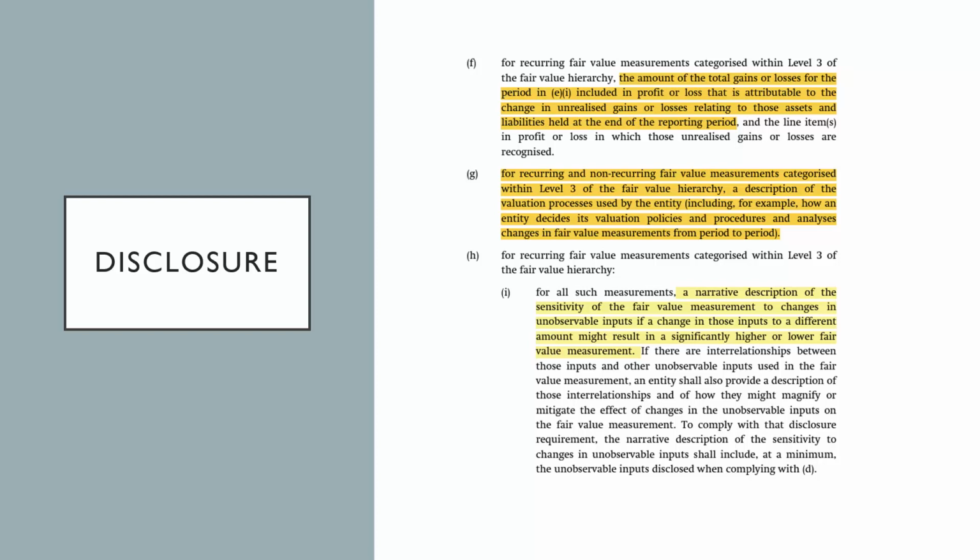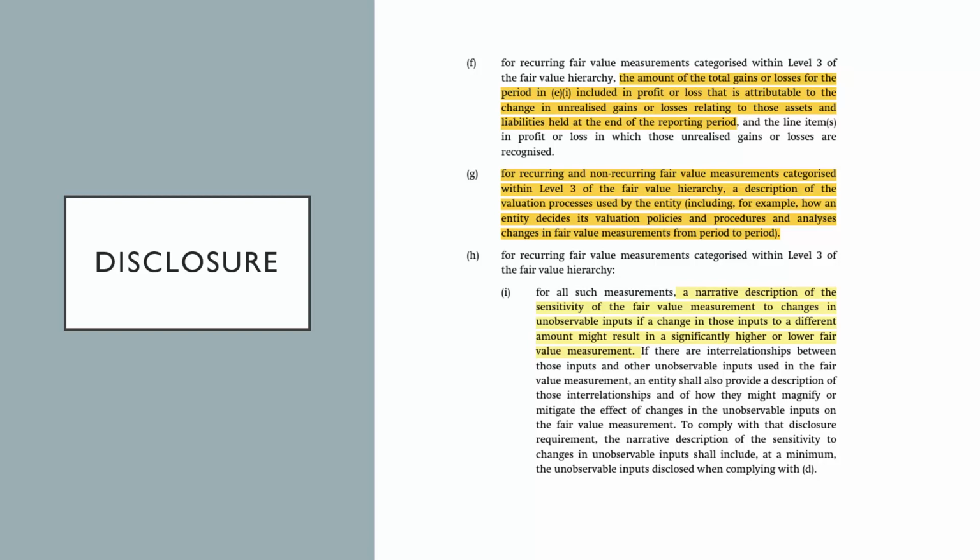This one, I highlighted just the relevant parts of it, and I think this is IFRS 13.93. It says that for level 3 investments, the amount of total gains or losses that's attributable must be included from the change in unrealized gains or losses. Also, if you have a level 3 investment, you need to describe what valuation processes were used by the entity.